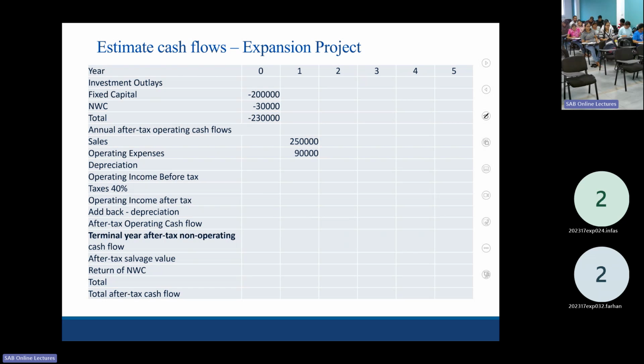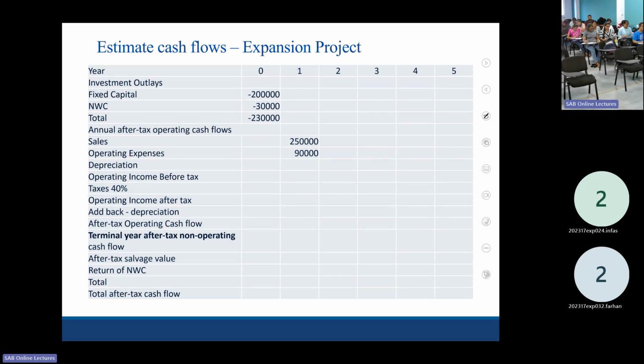So here to calculate operating income before tax, we have to consider depreciation. How much is the depreciation? Land is 25, so it is not depreciable. 135,000 on a straight line basis.